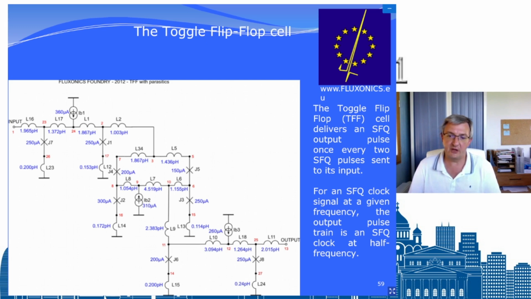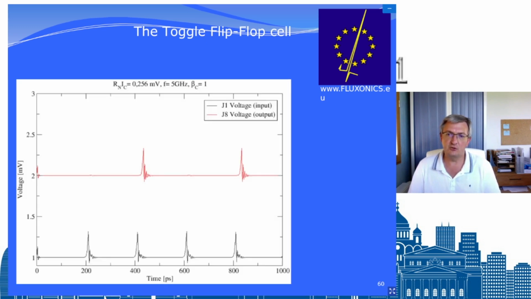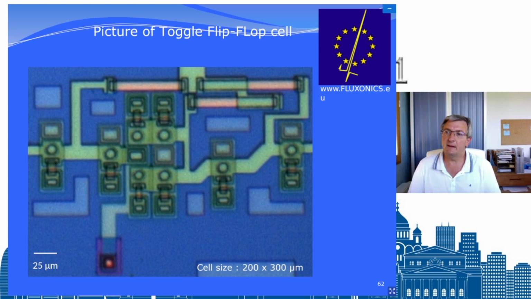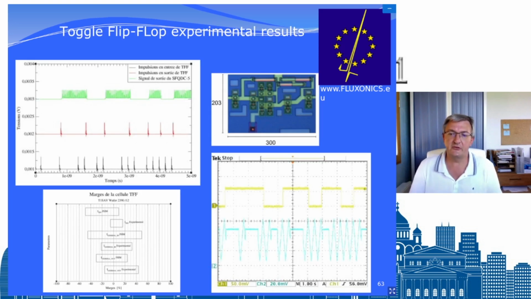This is a toggle flip-flop cell. And I'm going to show you the properties, margin, yields again. And when it's fabricated, it looks like that. The picture is not very good, but you can see how the circuit looks. Okay, you can do measurements, of course, to verify that everything is fine, to compare with what you expect.